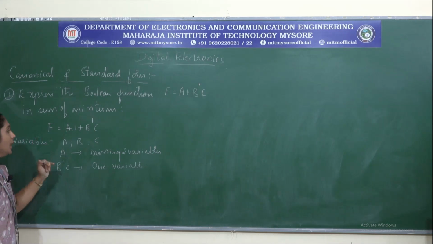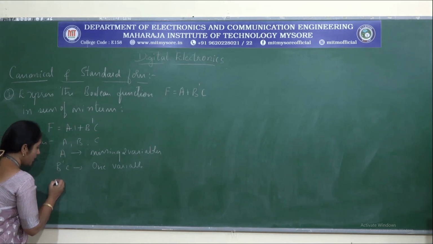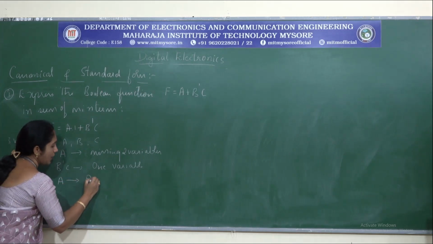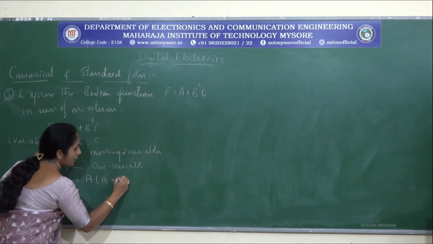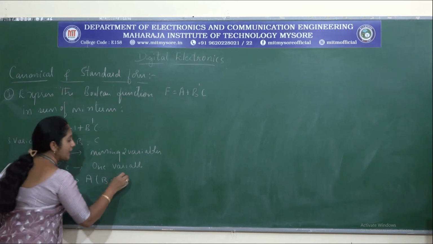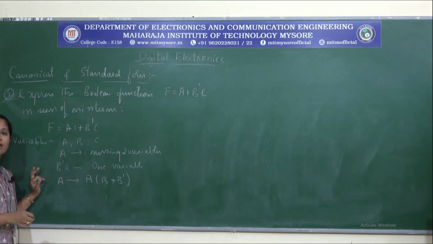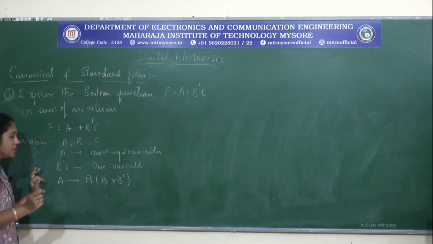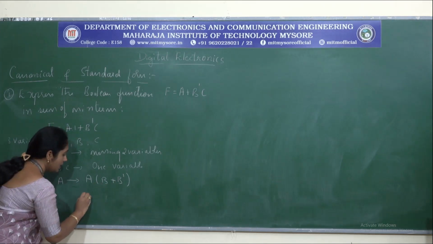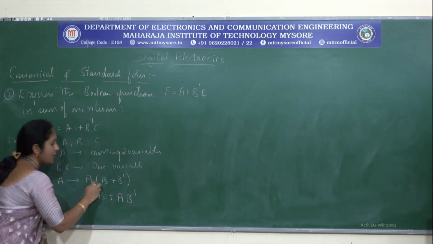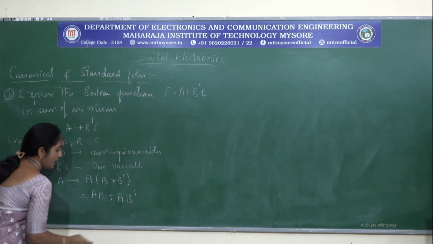Now let us introduce the missing variables and convert this function into the canonical form. The first term is a, which can be written as a into 1. In place of 1 I am introducing the missing literal, but you need to be careful while writing the terms. I multiply A by B plus B dash, giving AB plus AB dash.